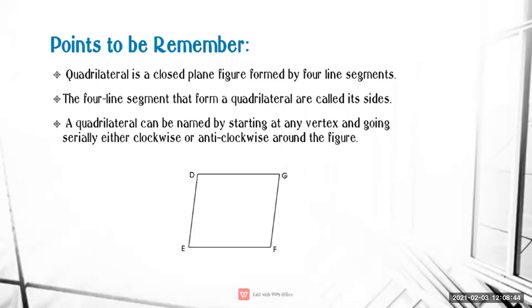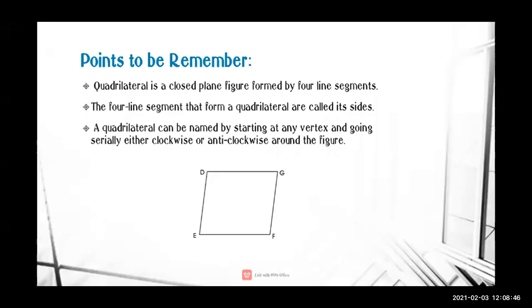You can see over here there are four line segments: 1, 2, 3, 4. They are close to each other. They form a quadrilateral. The four line segments that form a quadrilateral are called its sides.